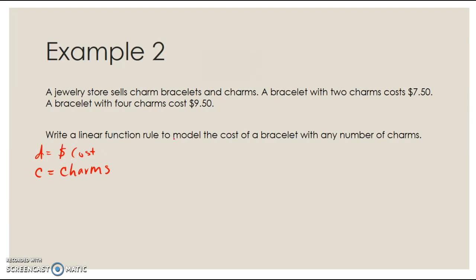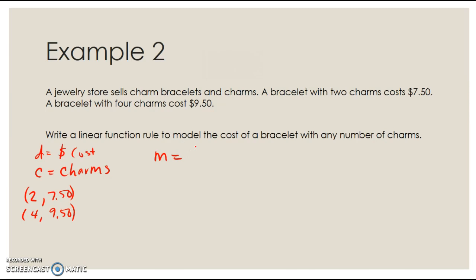And so I have 2 points given to me. I have that when we have 2 charms, it costs $7.50. And that when I buy with 4 charms, it costs $9.50. And so again, you could graph this and write the equation from the graph. I'm just going to find m and then plug in to solve for b.